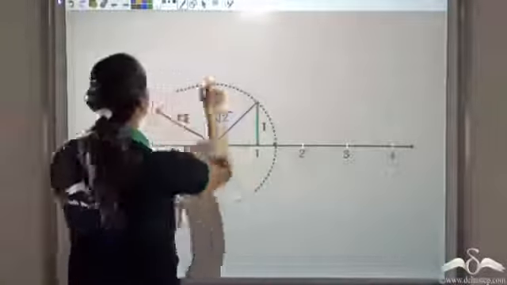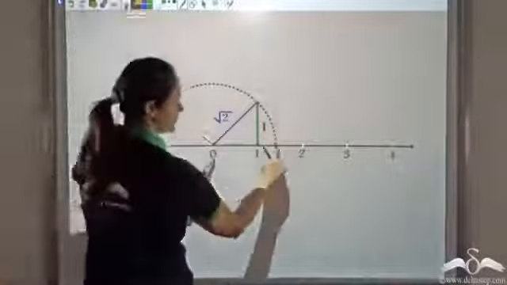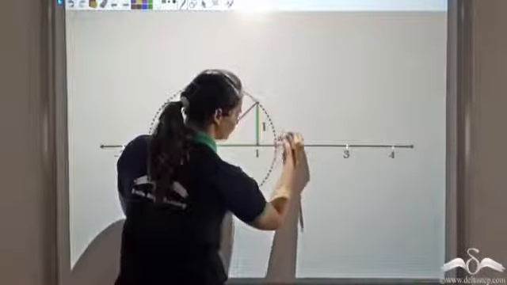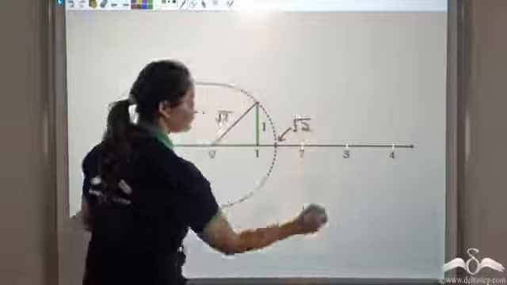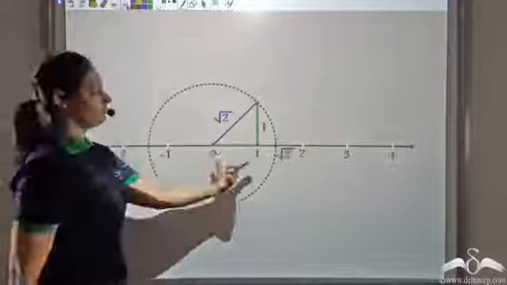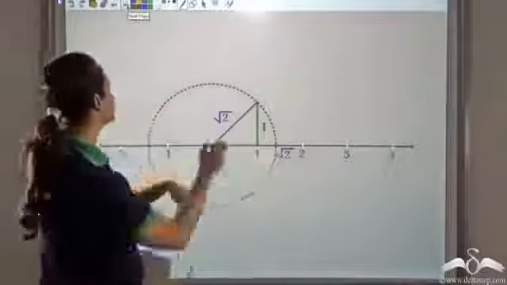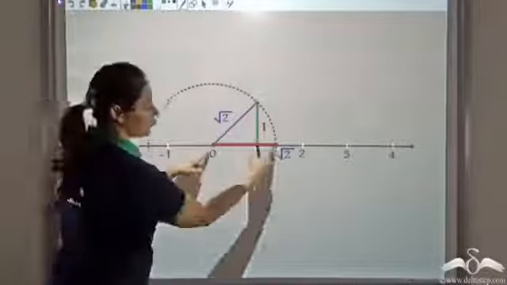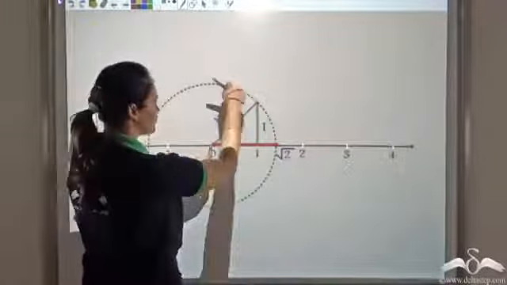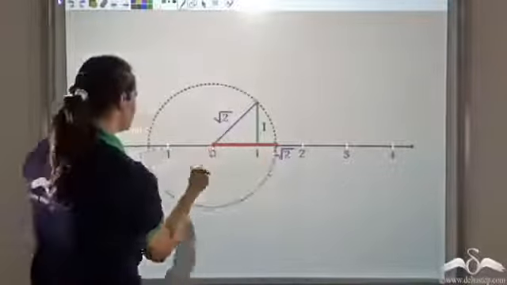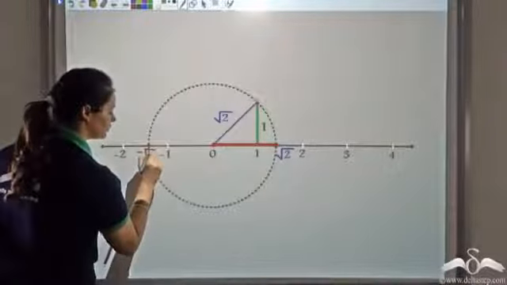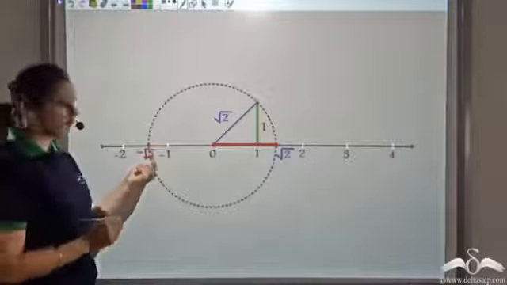So this point which I get would be under root 2. Why? Because it's again the radius. This under root 2 is the length from 0 to this point. So this is the radius of this circle. Similarly, this point would be minus under root 2, the negative of under root 2.